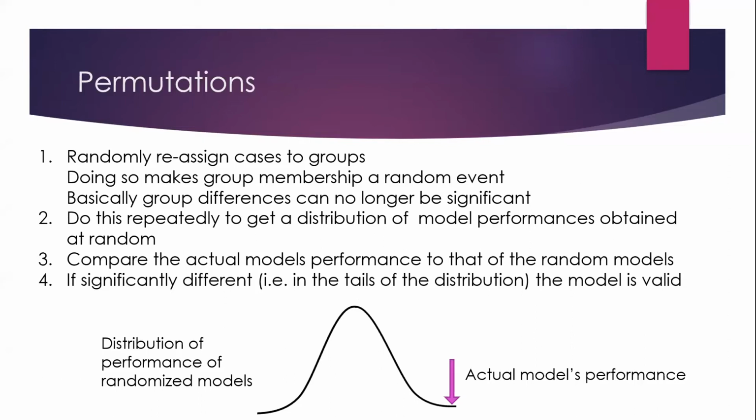And you then plot your actual model's performance against that distribution. And if it's out to the side, in other words, if you've got a small likelihood or a small p-value, which is what a permutation test generates, then it means that your model is beyond chance. There is information in the structure of the groupings, and therefore, if you break the grouping, it falls away or to the side of the distribution of just randomly grouping individuals.